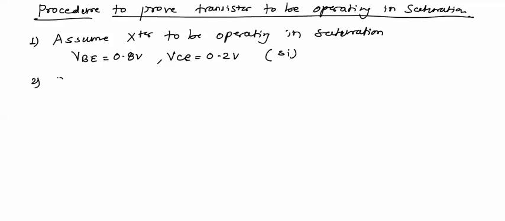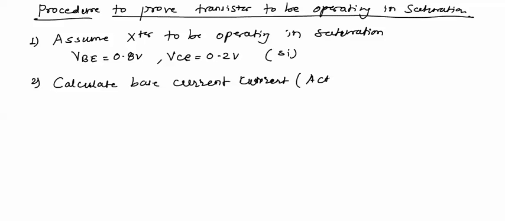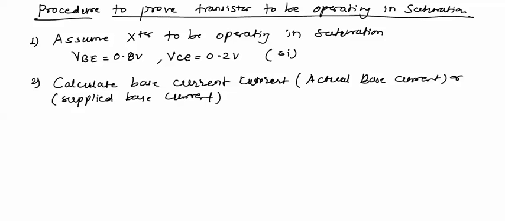Now in the second step, we'll calculate base current, also called actual base current, or supplied base current, by applying KVL in base emitter loop.